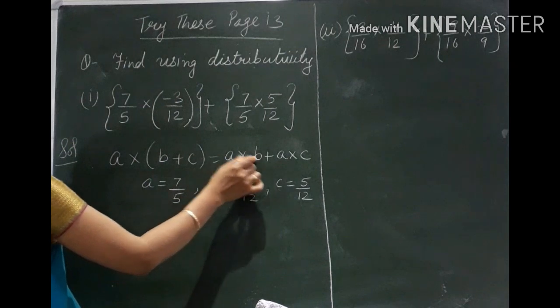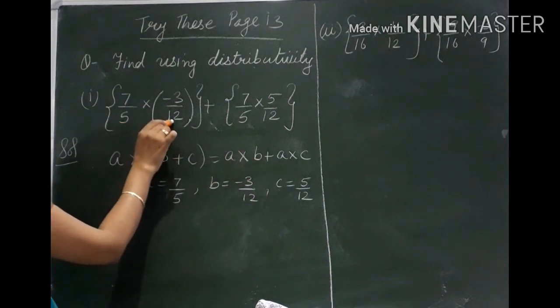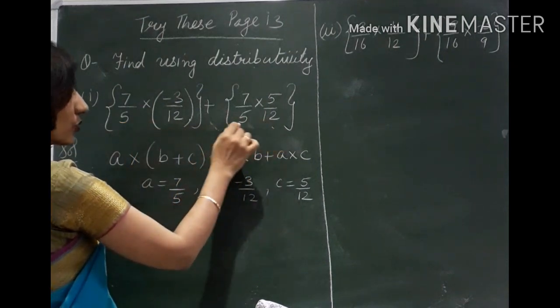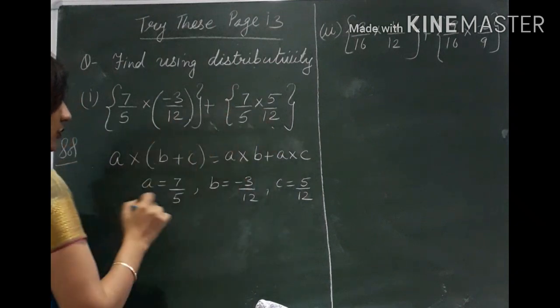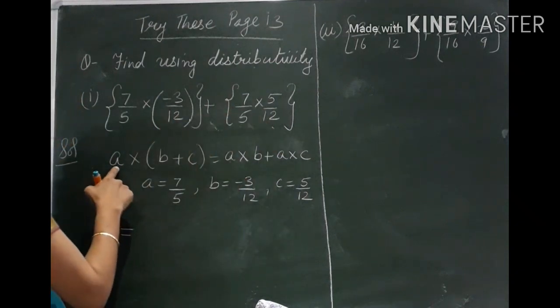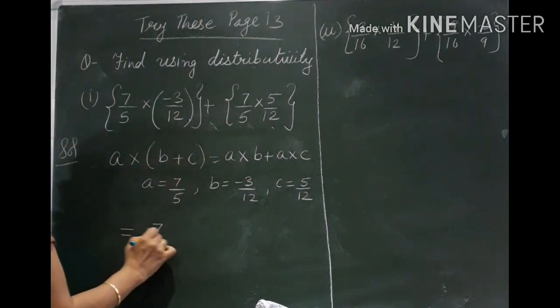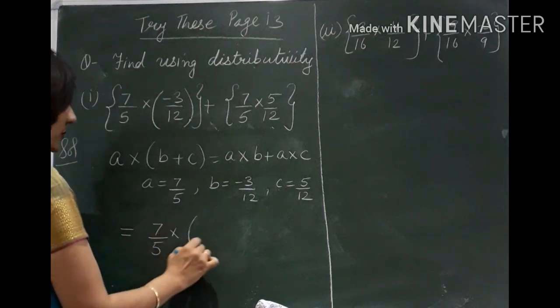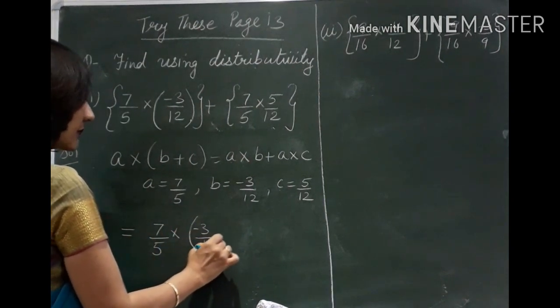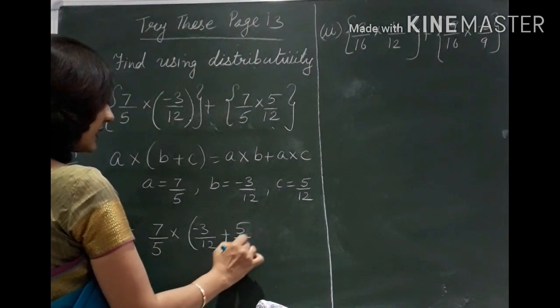So it is written A into B, 7 by 5 into minus 3 by 12 plus A into C, 7 by 5 into 5 by 12. So this will be equal to A into B plus C, that is 7 by 5 into minus 3 by 12 plus 5 by 12.